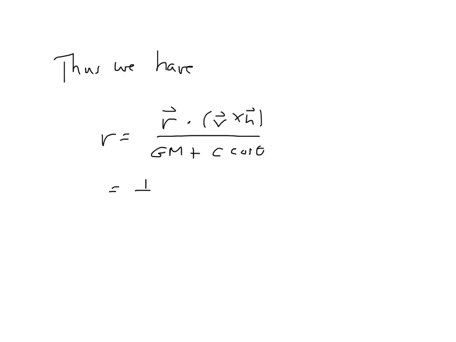So this is just solving for r, and now go ahead and factor out the GM from the bottom. So you get r dot v cross h on the top, and on the bottom we'll get 1 plus e cosine theta, where now we've defined e to be c over GM.